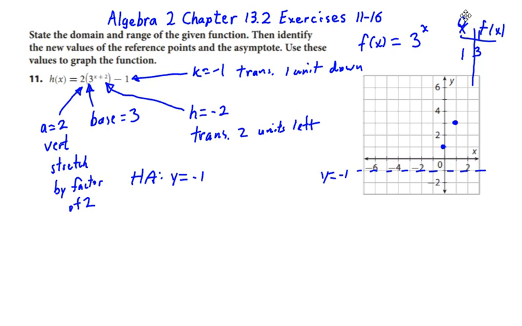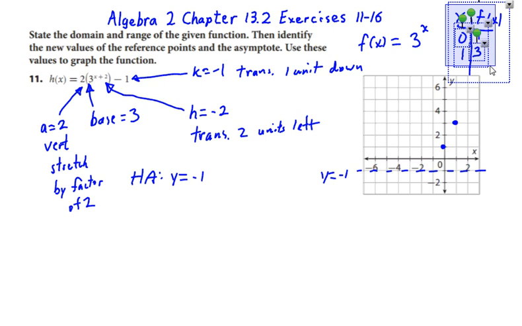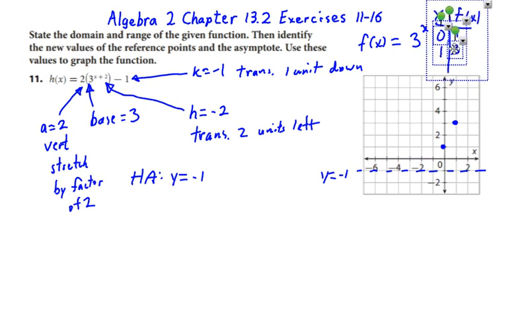Let me see if I can get this all taken over here a little bit, just to make a little more room.